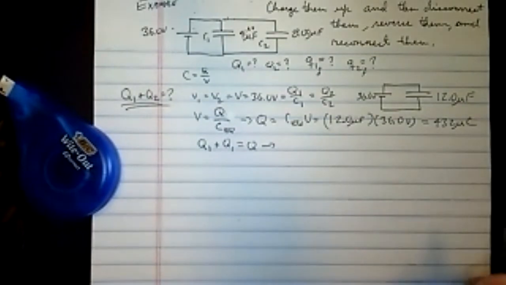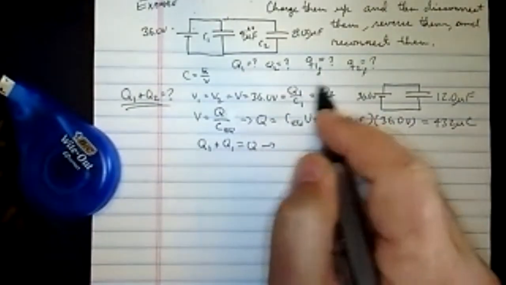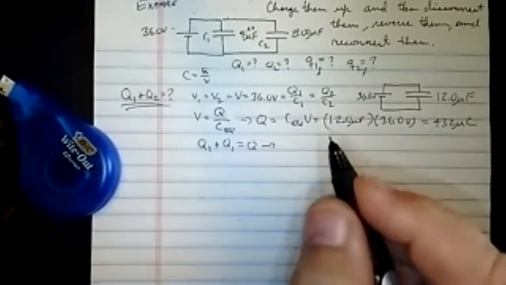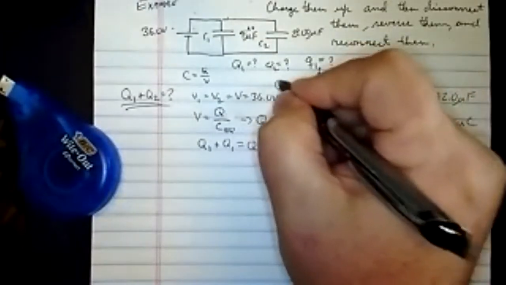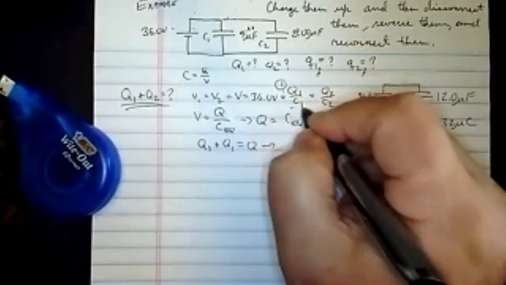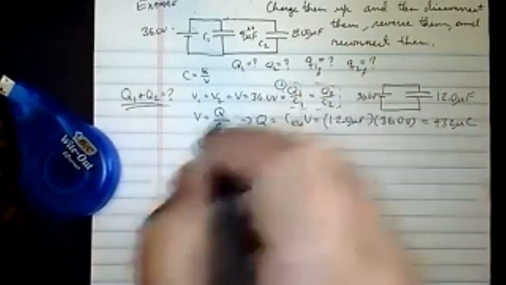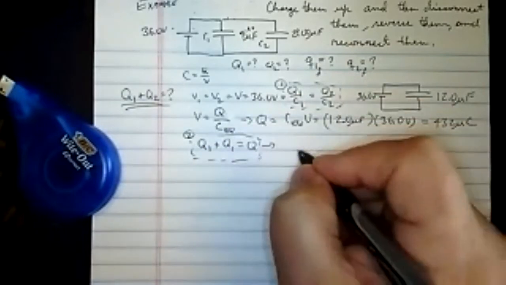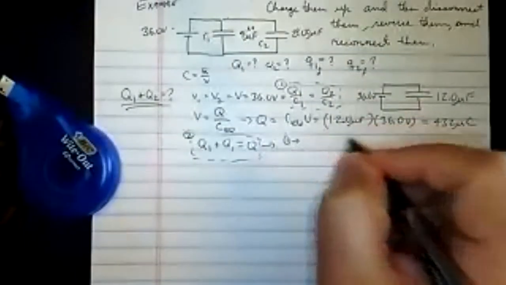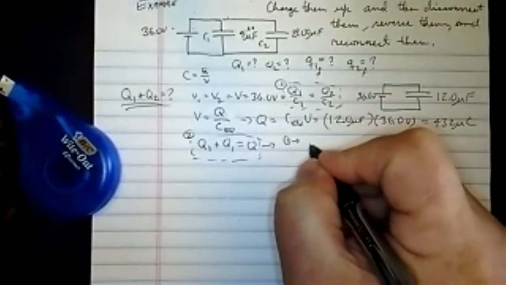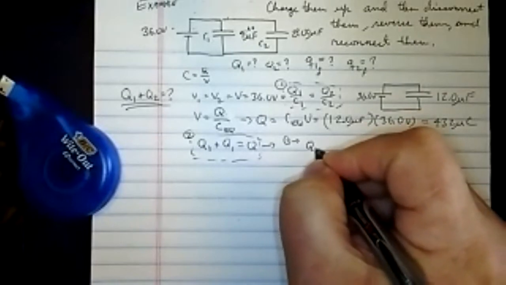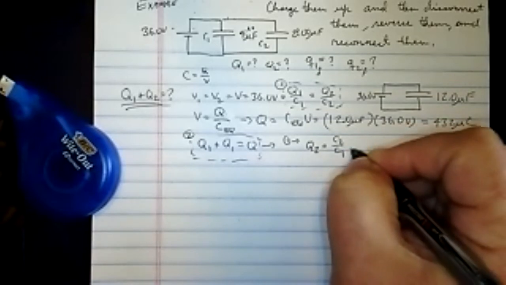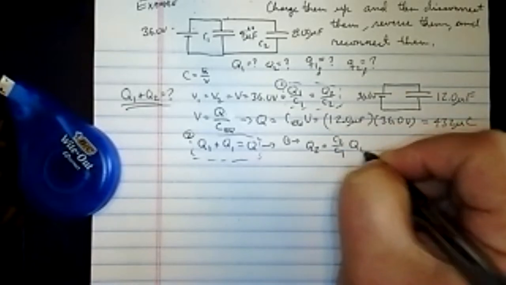So now I have two equations and two unknowns. I have this equation and this equation. So I'm going to call this equation 1. I'll call this equation 2. So 1 is going to imply that Q2 is equal to C2 over C1 times Q1.